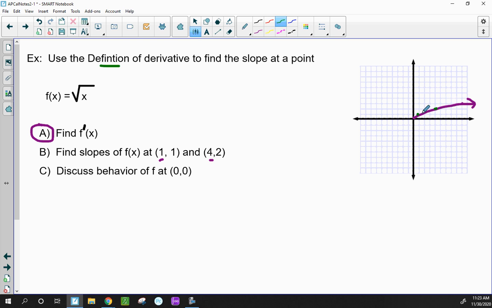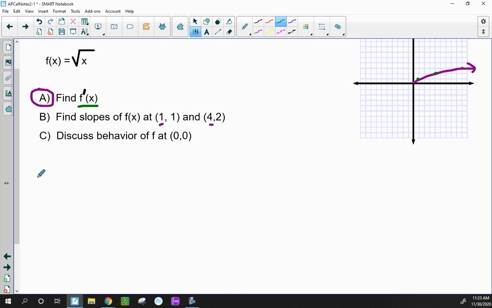Every single point you randomly select on your curve, you can draw a tangent line that precisely fits that position, and the slope of that line will be different. So when they ask you to find a general derivative like f prime of x, they're just asking you to find the equation that's going to help you find all the other slopes. And then part C wants us to discuss the behavior of f at 0, 0.